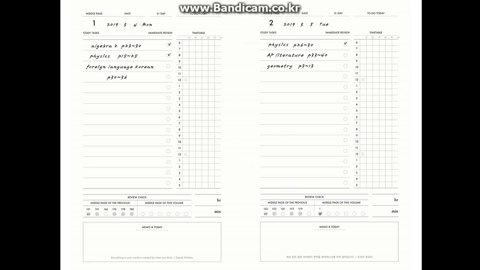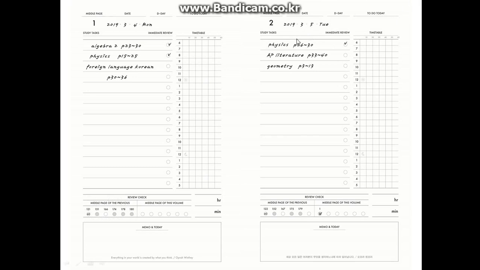Then today is the first day of the use of EBBING Plan, so you have nothing to review today. And as I mentioned before, because you are the first user of EBBING Plan, you need not be concerned with this left part. And the next day, 5th March, it is the same.